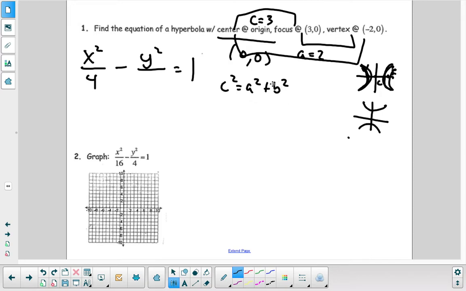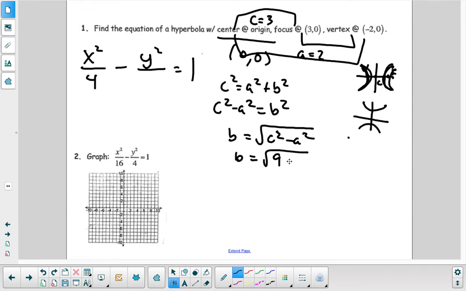And we don't have B, so we're going to use this to solve for B. And we know that we're going to take the square root of this. So B is equal to, C is 3, so C squared is 9. A squared is going to be 4. B is equal to the square root of 5. B squared is 5. And this should give us the same graph as what's here.